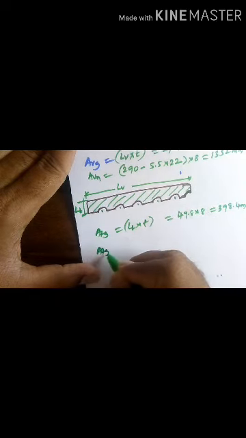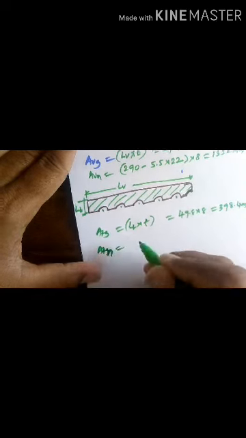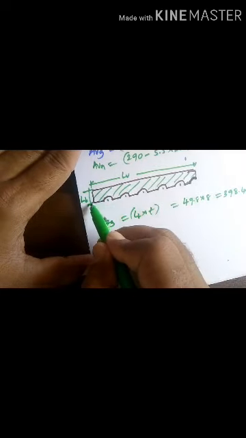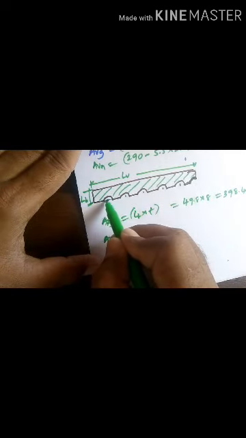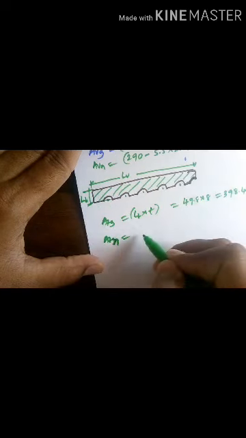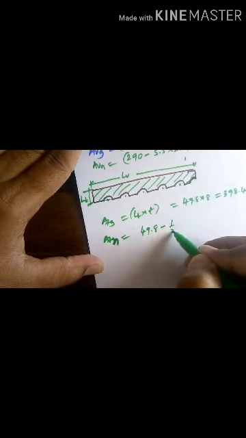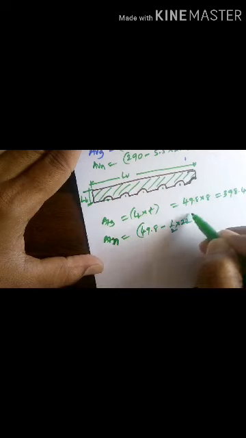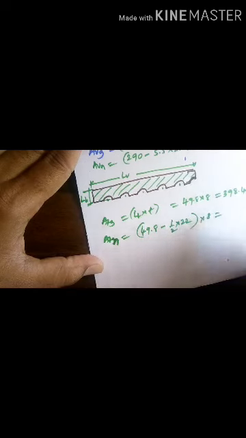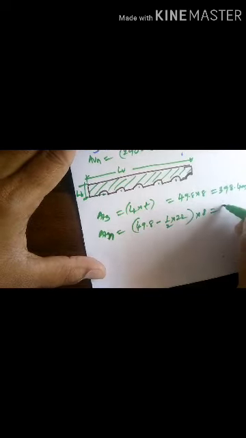Then Atn: this is up to the center, then half of the bolt hole has cut, so the net is 49.8 minus half of 22 into 8, and you will get 310.4 millimeter square.